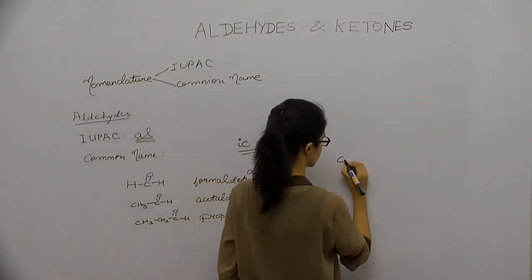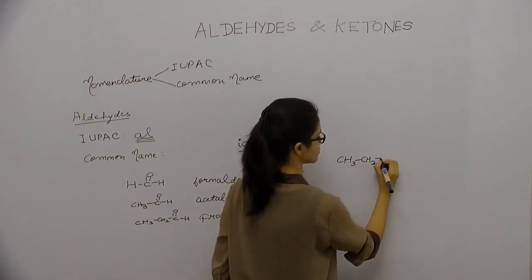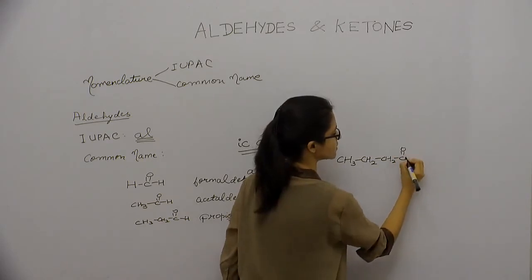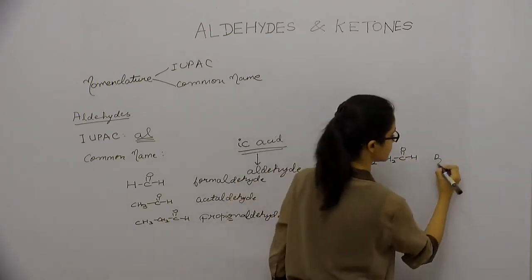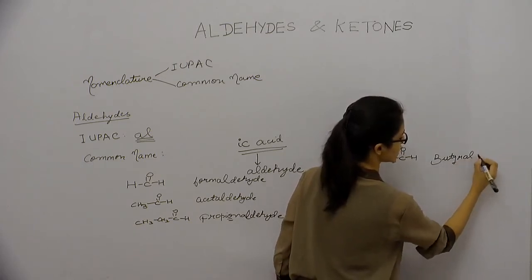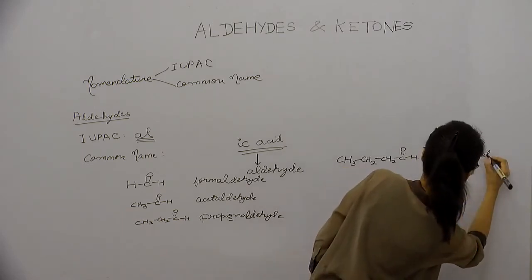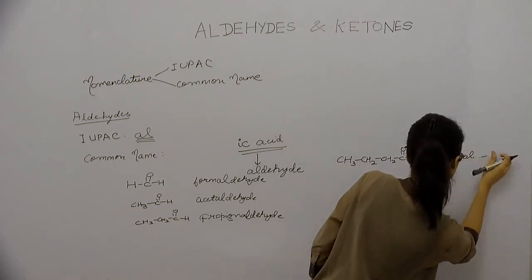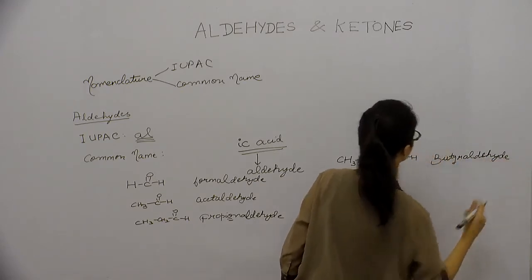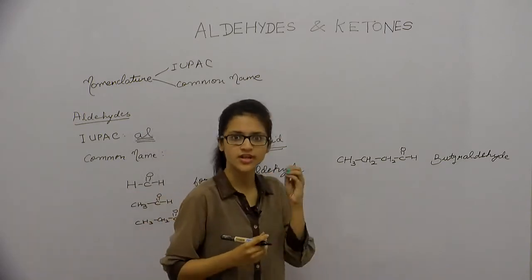A 4 carbon chain. I'm just making a 4 carbon chain for aldehyde. So this would be butyraldehyde. And we've not really heard, but for a 5 carbon chain, the name is valeric acid.